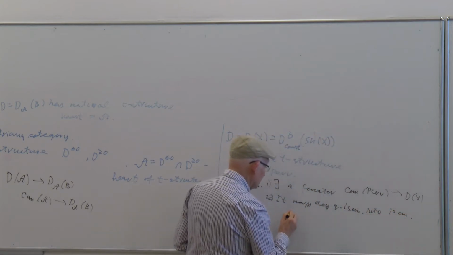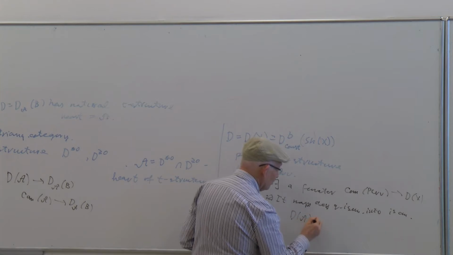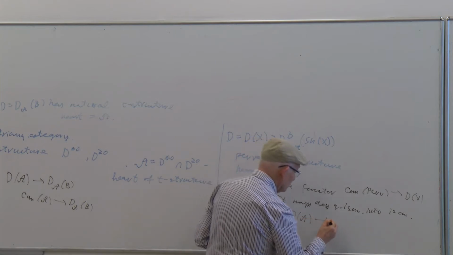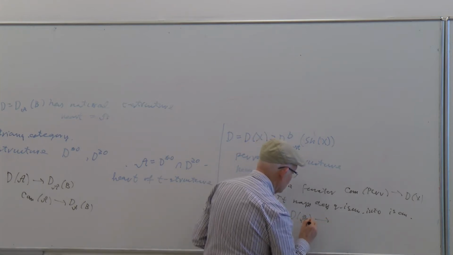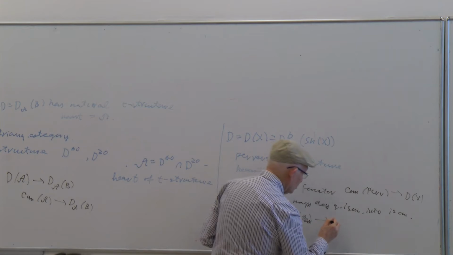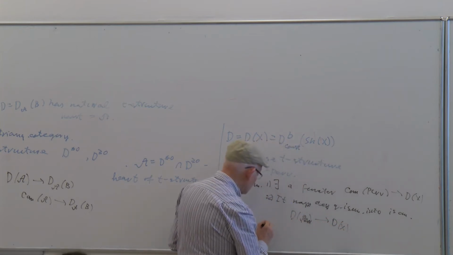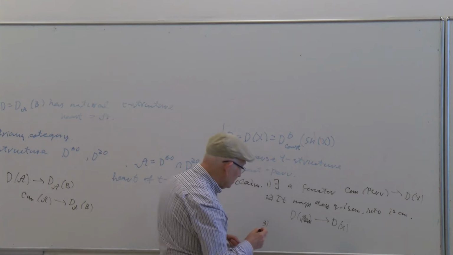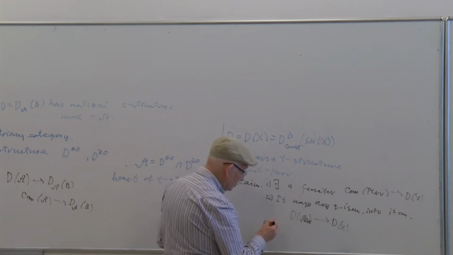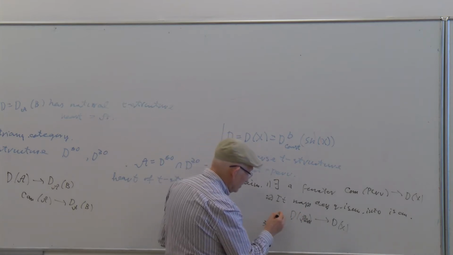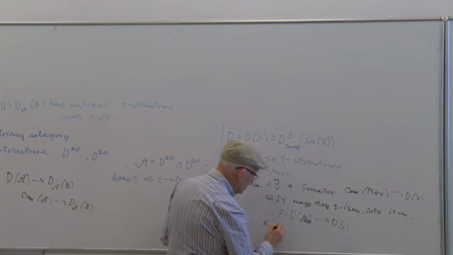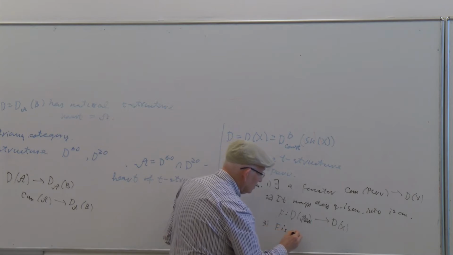In particular, it defines a functor D of A into D of X. And third, a much more difficult statement, is that in fact this functor F is an equivalence of categories.